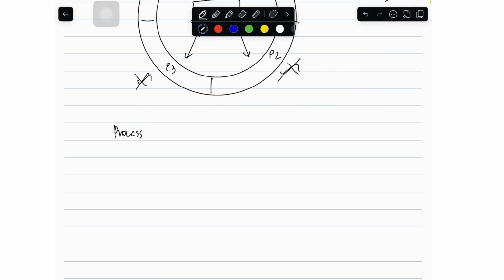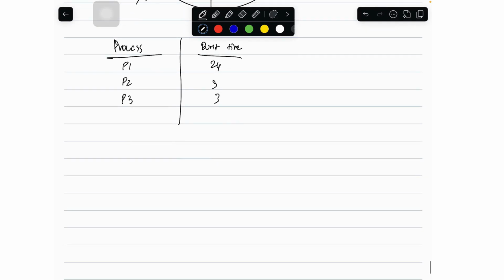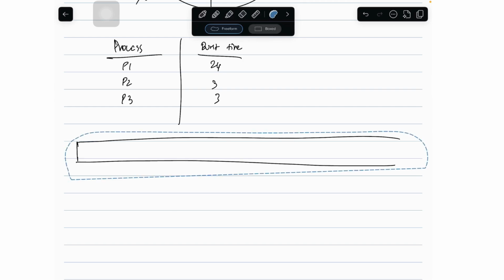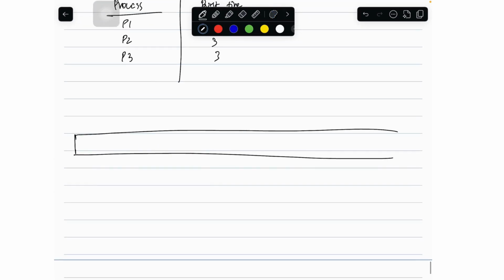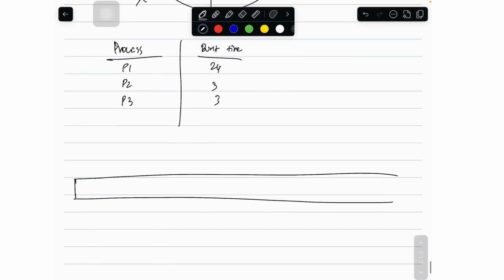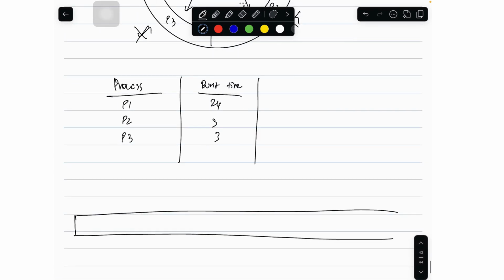Okay, now look at a Gantt chart. Processes P1, P2, P3 have burst times 24, 3, 3. Let's see. We'll keep the time quantum at 4 milliseconds.